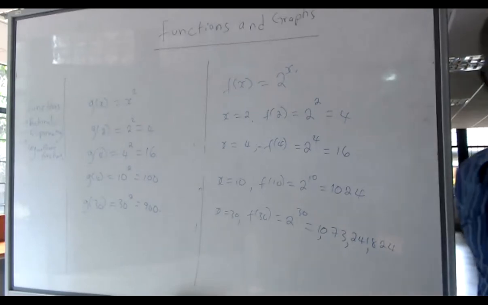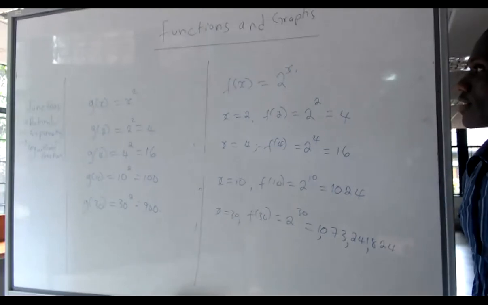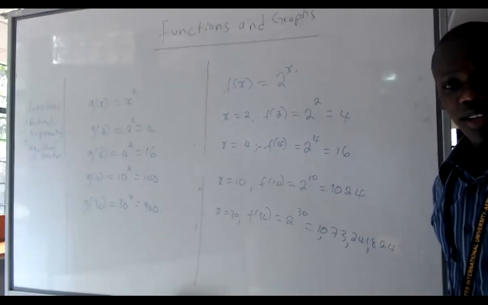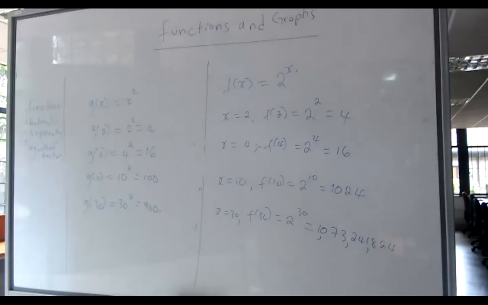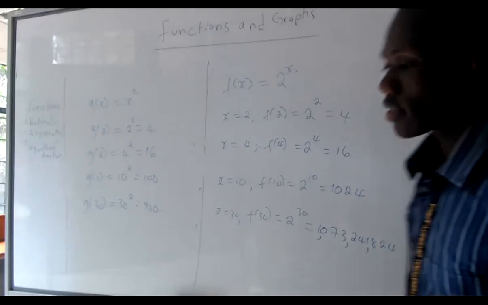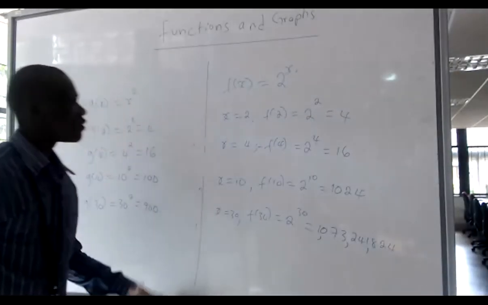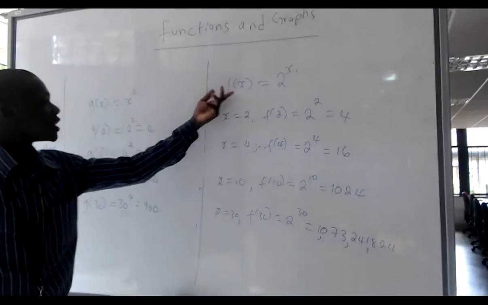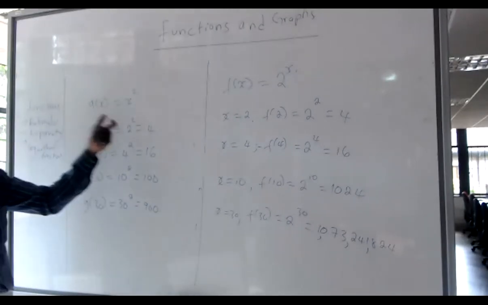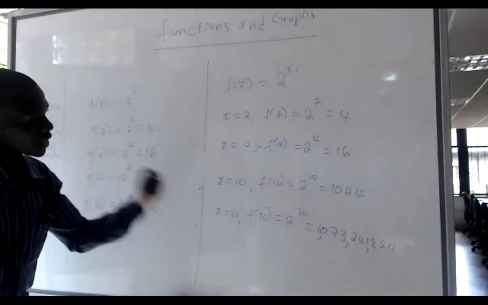Hello? Are we there? Can you repeat the question, please? I want someone to compare the values of the function f and the function g at the points 2, 4, 10, and 30.